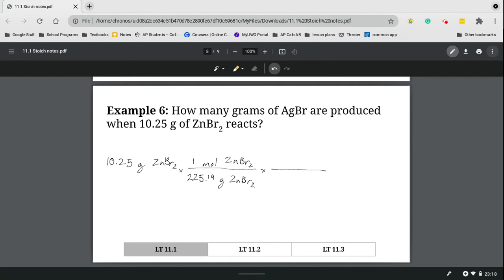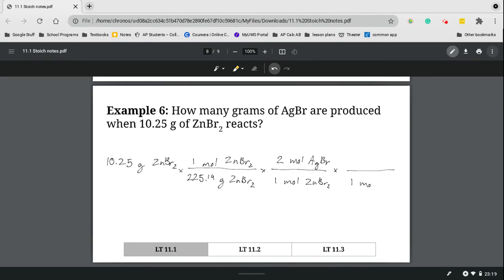And then that mole ratio again. 1 mole ZnBr2 for every 2 moles of AgBr. And now we convert back to grams.